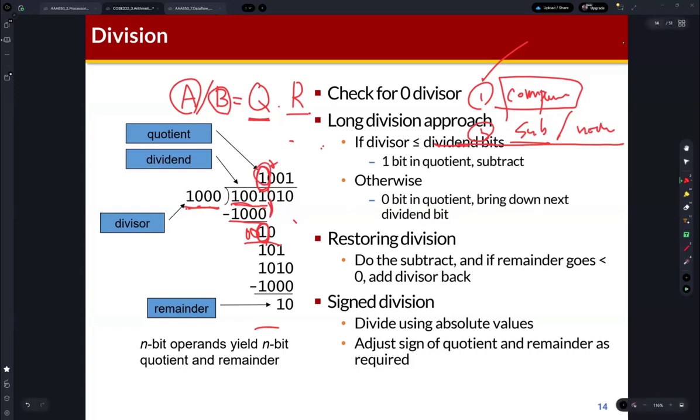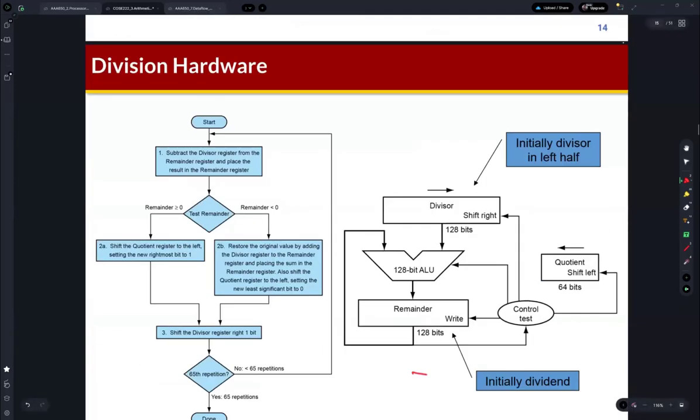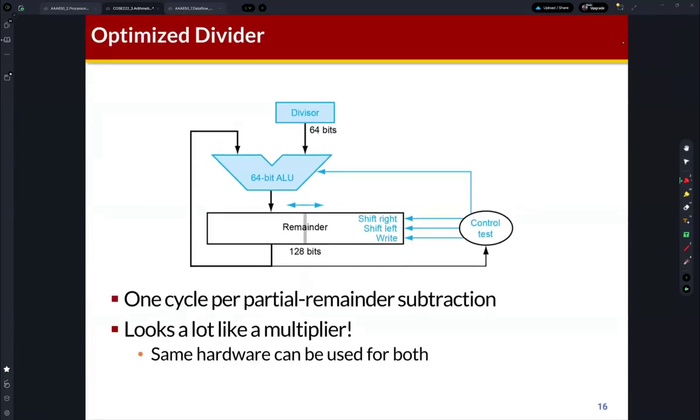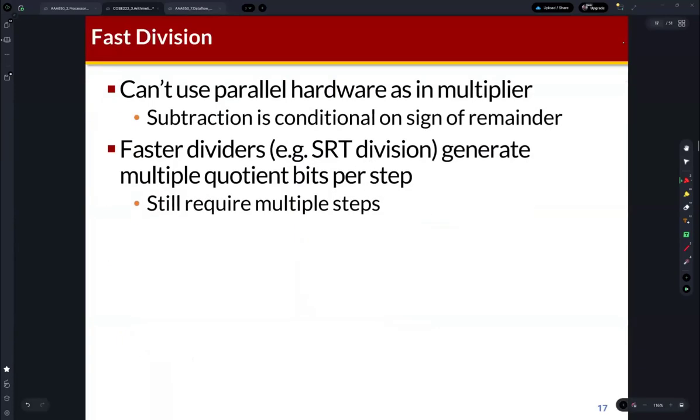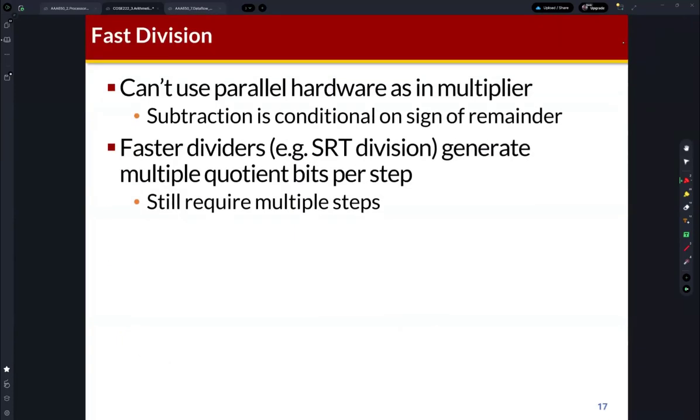Based on the result, we can perform subtraction or nothing. So this is some control logic hardware. You can find that it looks a lot like a multiplier, because it's the inverse process. But as I mentioned, division is difficult to parallelize.